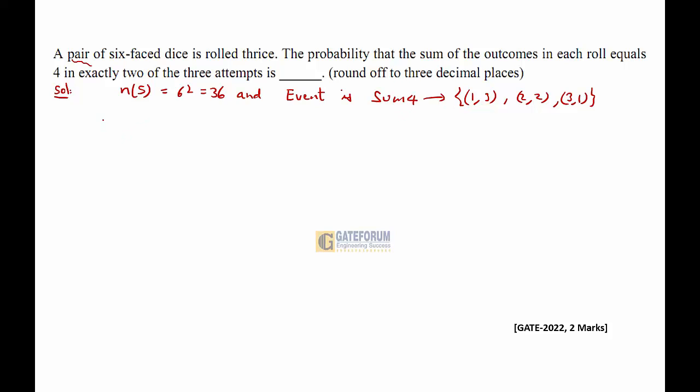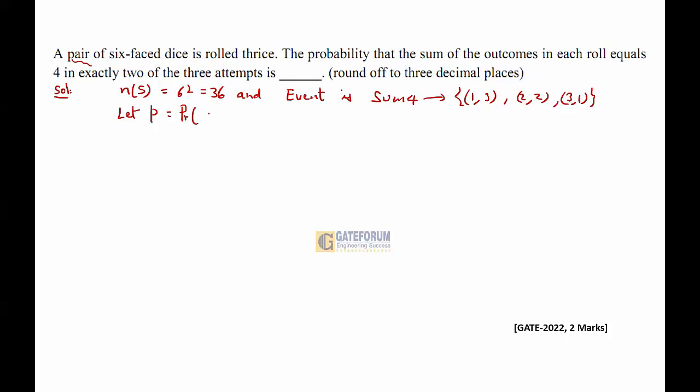Now this game is played thrice, 3 times. They are asking exactly 2 of the 3 attempts. Attempts means the pair of dice rolled 1 time. So I am applying the binomial distribution.